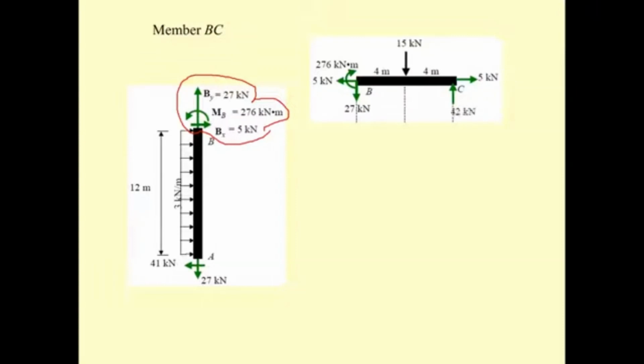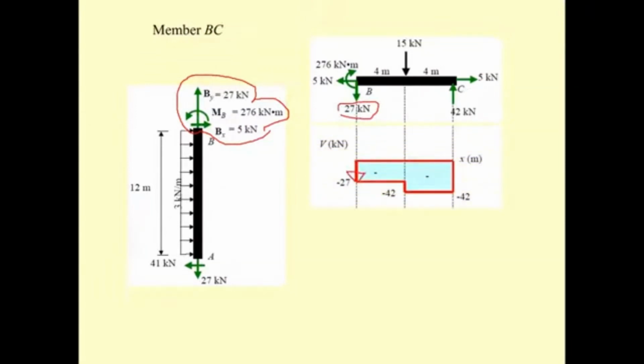For the shear diagram, we start from B to C. When we start from B to C, the 27 is going to be downward, so it's going to take this downward.